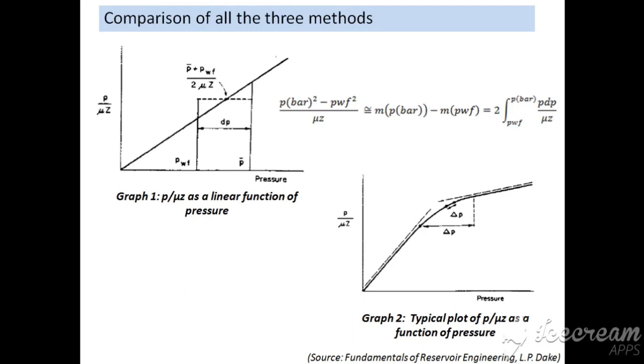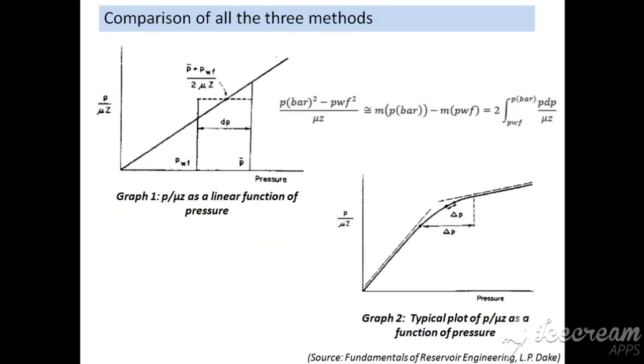Approximately the same answers will be obtained otherwise, and when the drawdown is high, different results will be obtained. Otherwise the same result will be obtained in between the plot. For further explanation you can go through Fundamentals of Reservoir Engineering by L.P. Dake and Tarek Ahmed. I have taken this content from there.